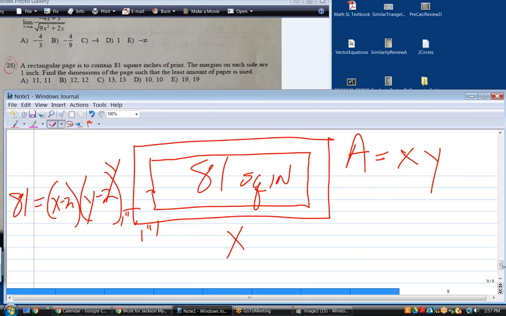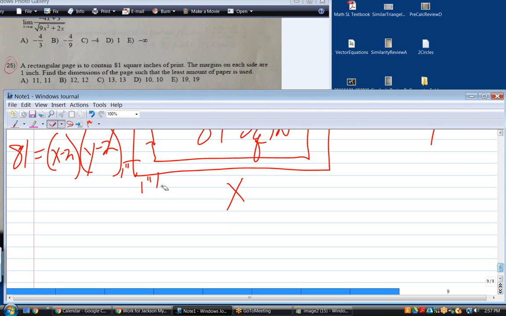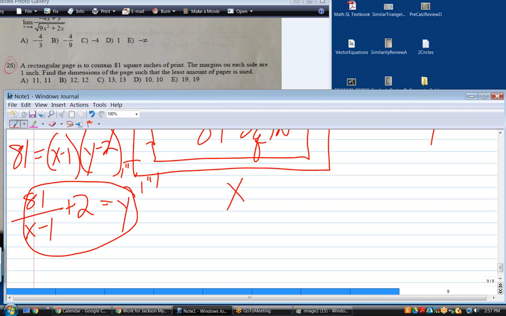Well, the easiest way to solve that for y is to do this. Correct? Yeah.